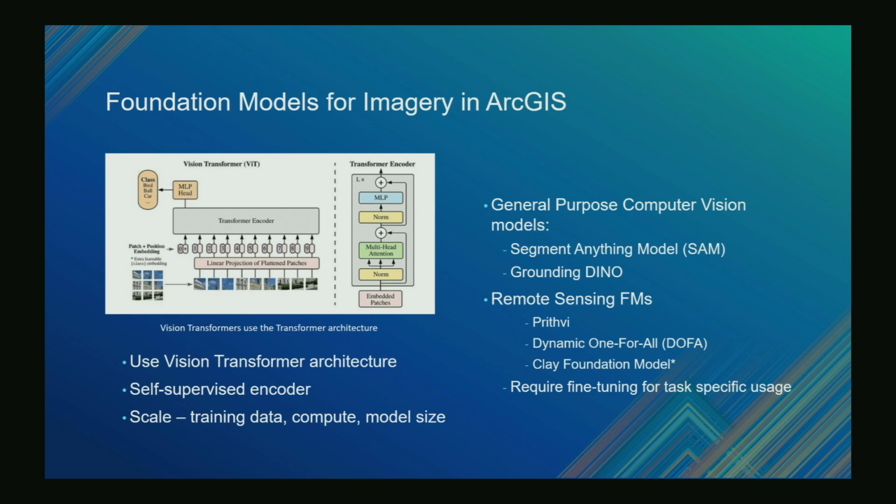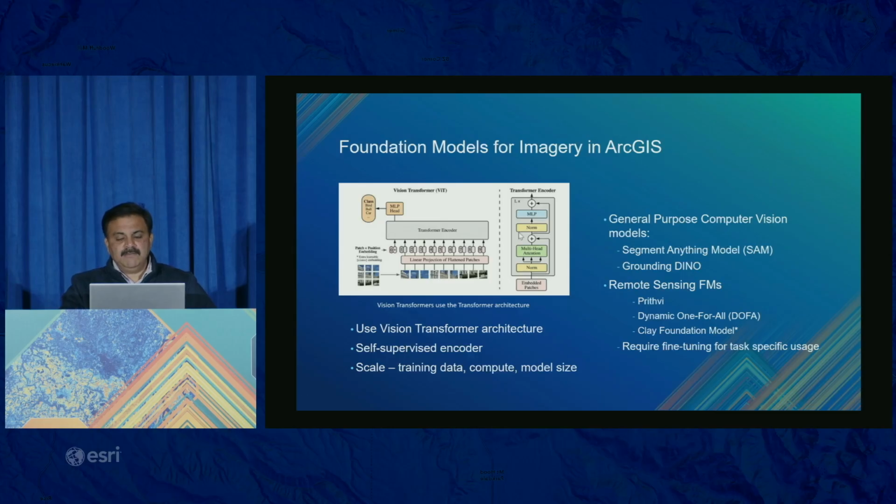But what we've seen emerge recently is that for the geospatial community, for the remote sensing community, we've seen the emergence of remote sensing foundation models. So Prithvi from IBM and NASA is among the first such models that was trained on Sentinel and Landsat imagery.